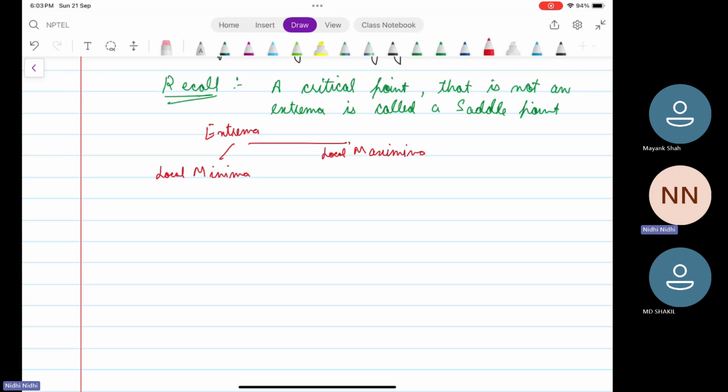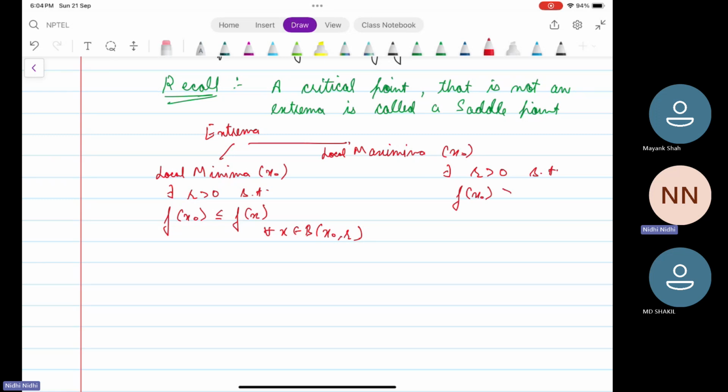For a local minimum, there exists some ball of radius R positive around x naught such that f(x naught) is less than or equal to f(x) for every x lying in this ball. Similarly, for a local maximum, we can find a ball such that f(x naught) is greater than or equal to f(x) for every x in this ball.